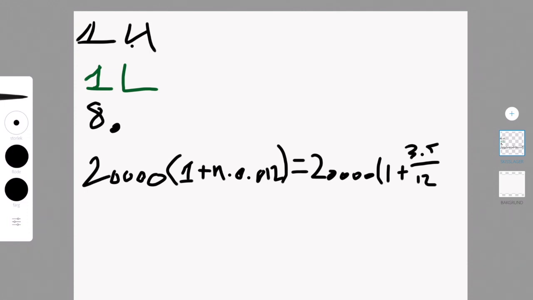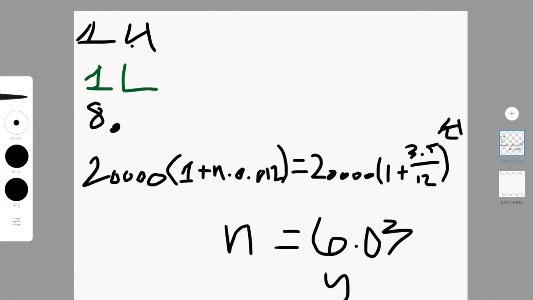So you take 12 times 2, which is 24, and that's why it's to the power of 24. And then you just work it out. You follow this until you isolate n. N turns out to be roughly 6 years, a little more than 6 years.